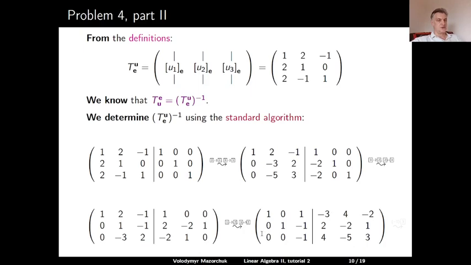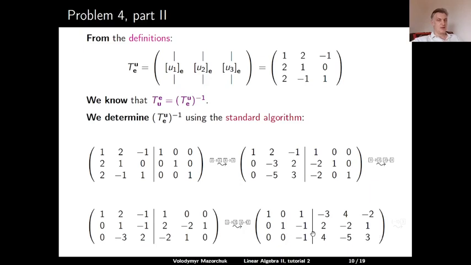And row 3 becomes 0 plus 0 is 0, minus 3 plus 3 is 0, 2 minus 3 is minus 1, minus 2 plus 6 is 4, 1 minus 6 is minus 5, and 0 plus 3 is 3.